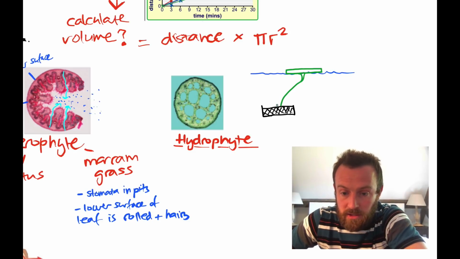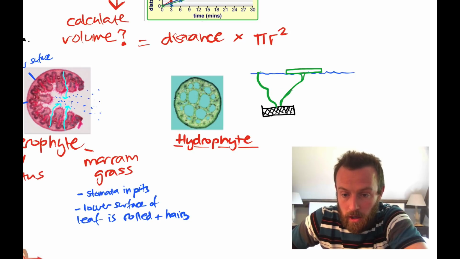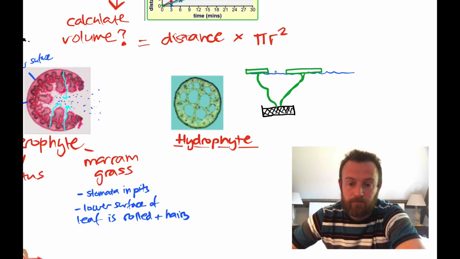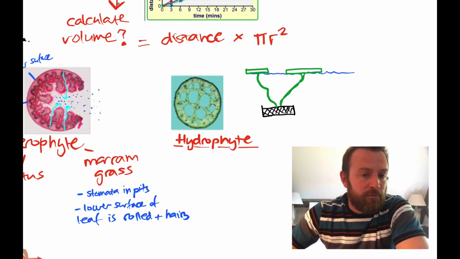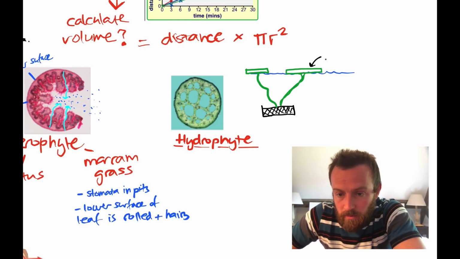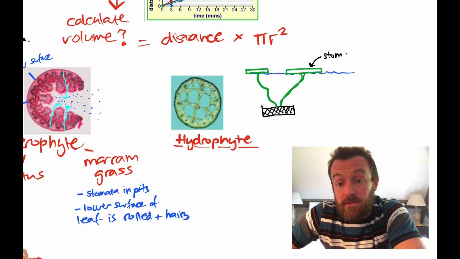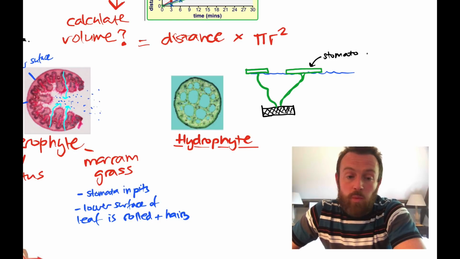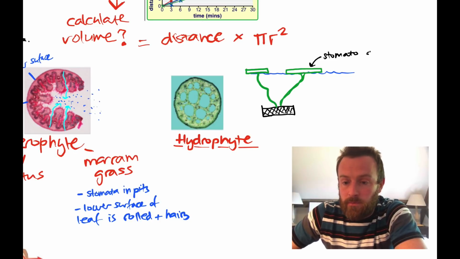So the water lilies are planted in the pot in the bottom of my mum's pond, and they've got these big stem things like this that curl up to the surface, and the leaves are floating on the surface. So one thing that the leaf has to do differently is that it actually has stomata on the upper surface, which is weird because normally they're on the lower surface.